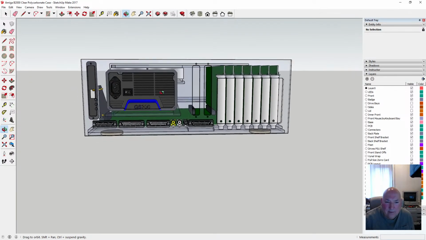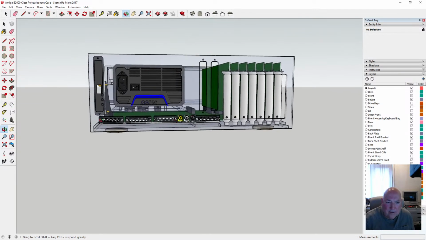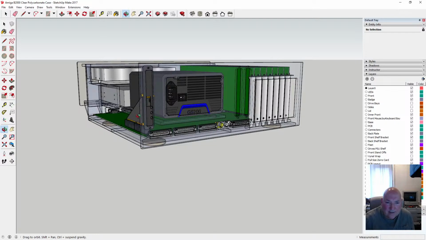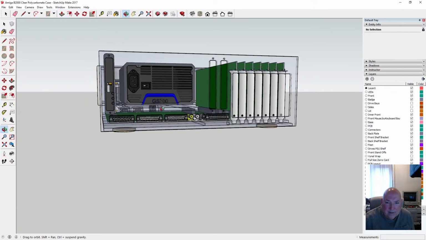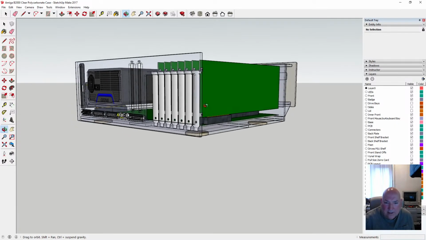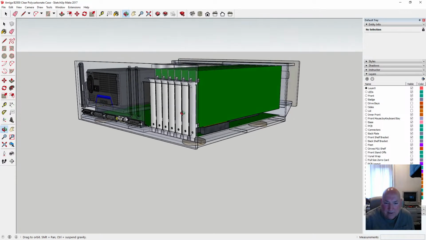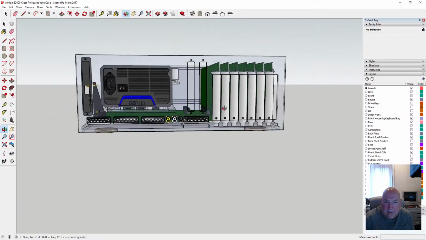But what would it prove? We could put a motherboard into the holes here. We could plug that in and see if that lines up. We could measure. Look at the plug a card in and see if that comes out okay. Yeah, we could do that. So there's a few things we can do to verify some stuff.